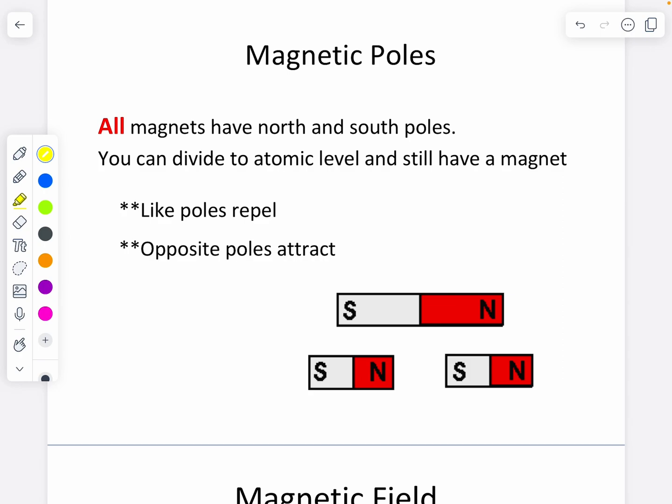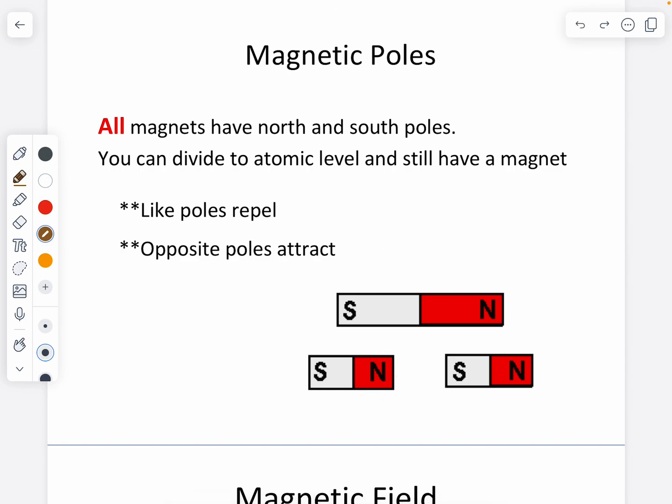So what we're looking at in this picture here on the bottom is two magnets that have been placed near each other. And what we see here in the middle is that we have a north pole and we have a south pole. And because these are opposites, they are going to be attracted to each other.